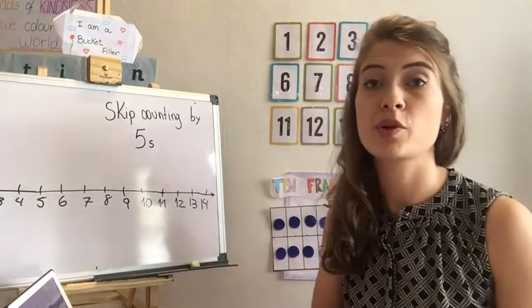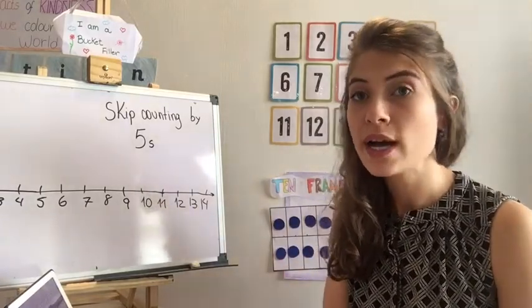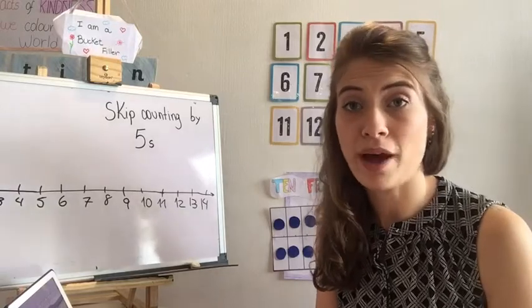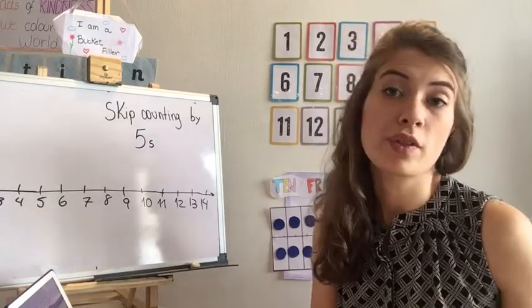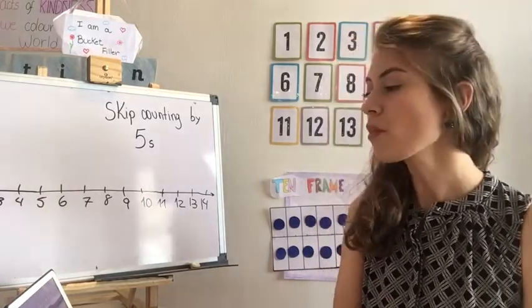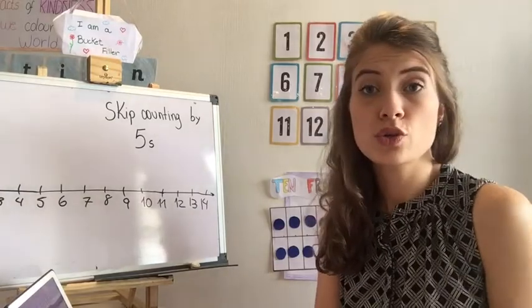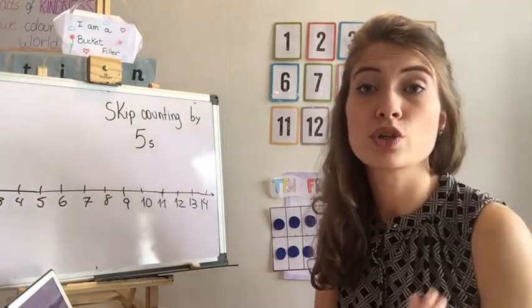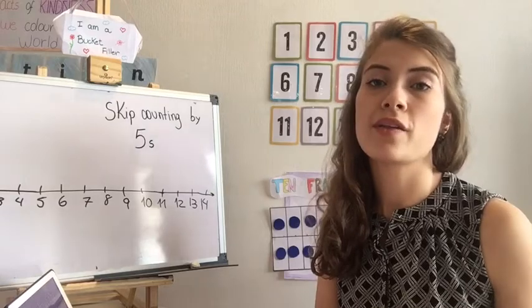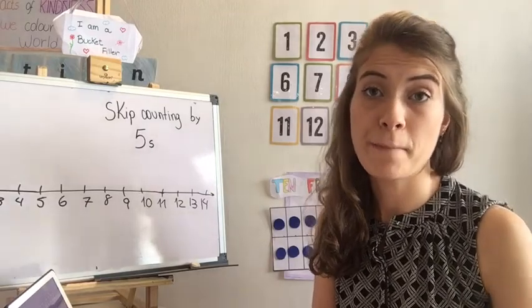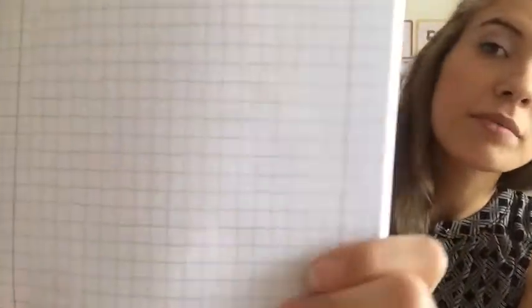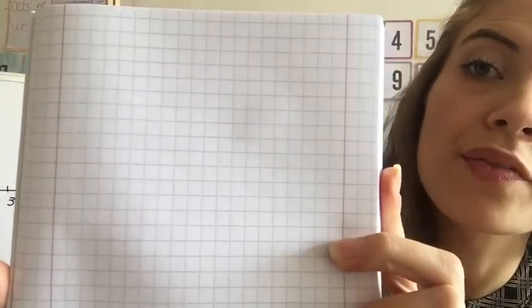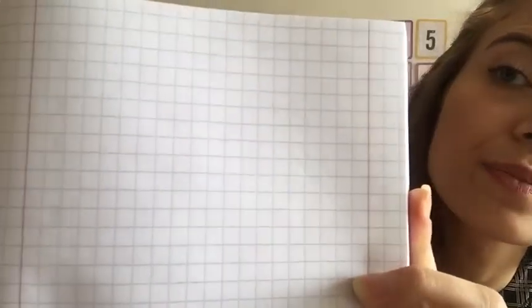Then now pick up your notebook, your math notebook, and we are going to use your math notebook to talk about the number 13. Okay? I'm going to show you how to use it properly. For example, I have here my math notebook and it's like this.